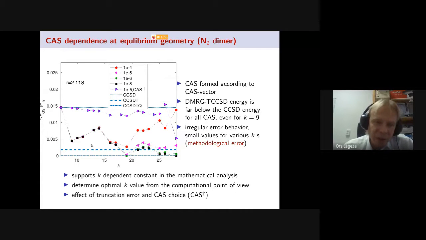Here we can see an example for the equilibrium geometry of the N2 dimer, with reference energies from CCSD, CCSDT, and CCSDTQ shown as the different dashed lines. And K is a variable which just tells how many orbitals are placed into the CAS space, so that basically we just sweep through with DMRG.